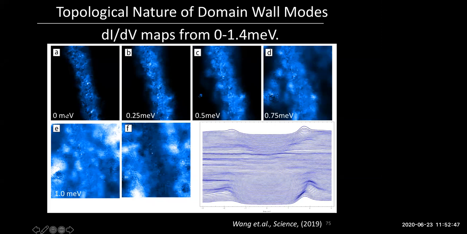So this is a dI/dV map of a domain wall obtained at the Fermi energy. You can see that the Majorana modes live pretty close to the domain wall. As you increase energy, the spatial extent of these Majorana modes gets bigger and bigger until, close to the edge of the superconducting gap, it completely spans the entire region.